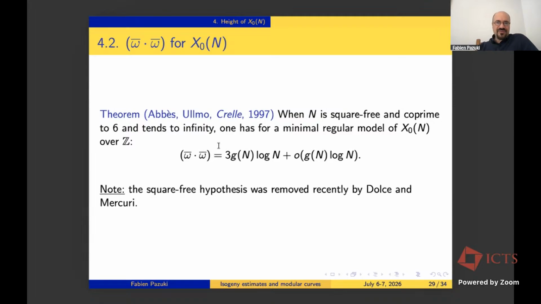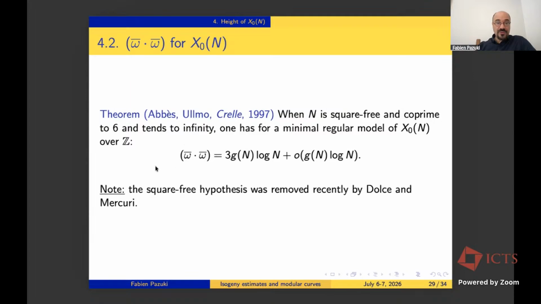When n tends to infinity, the whole proof is on the minimal regular model of X_0(n) for omega, and the omega square is 3g(n) log n. From the previous slide, you know that g(n) is at least n, so it grows as n log n with a factor 3 here. Same control on the error term.